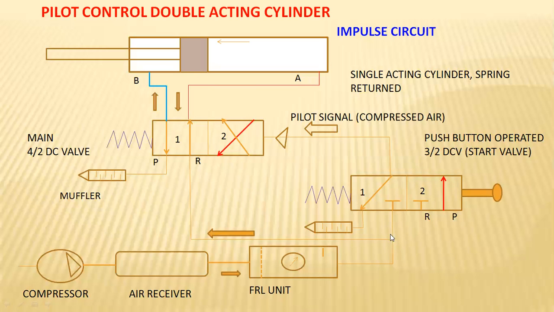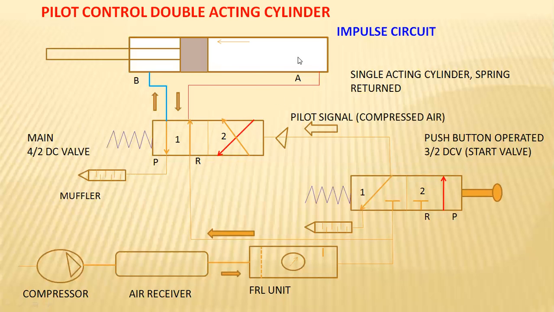The compressed air enters into this channel, and the pilot will get switched on, the second position will come into force, and at this second position the regulating valve is connected towards port B and enters the compressed air into the B side, which causes the return movement of this piston backside.